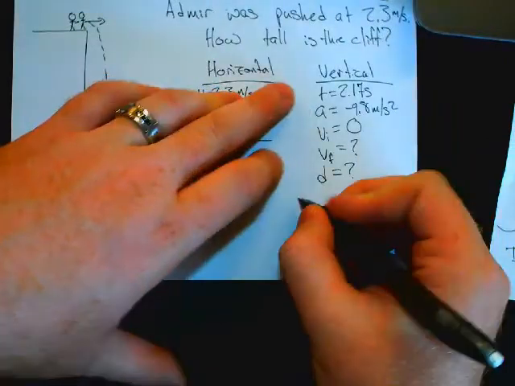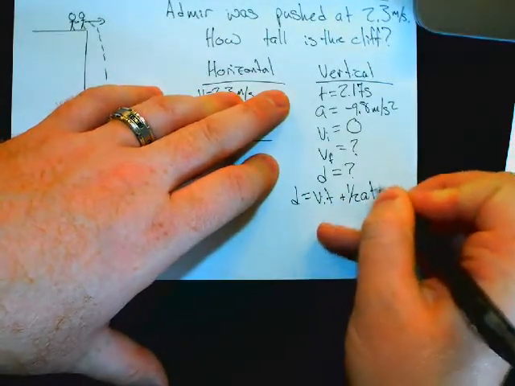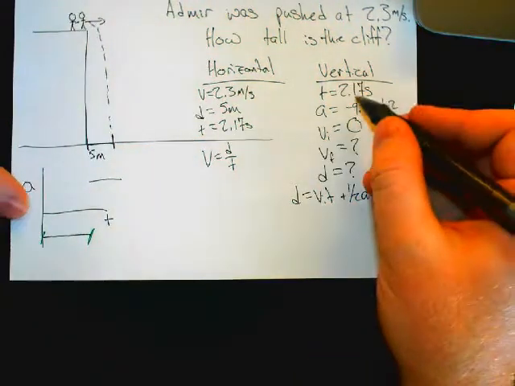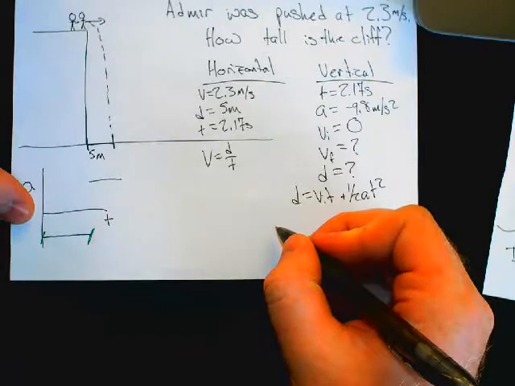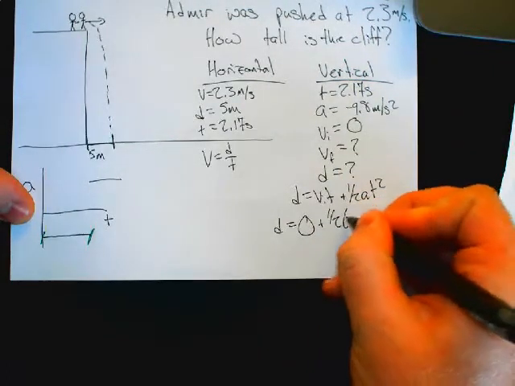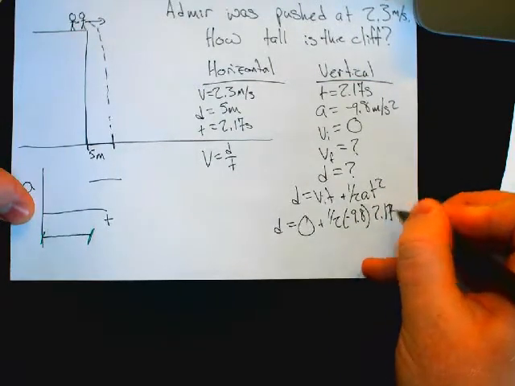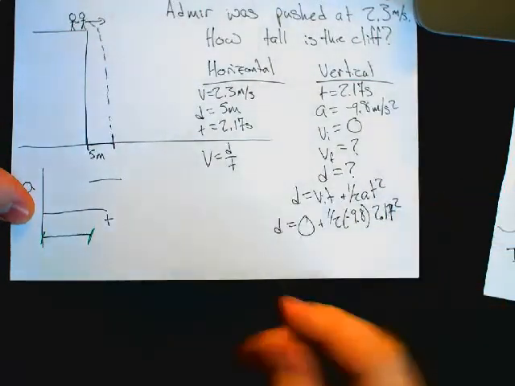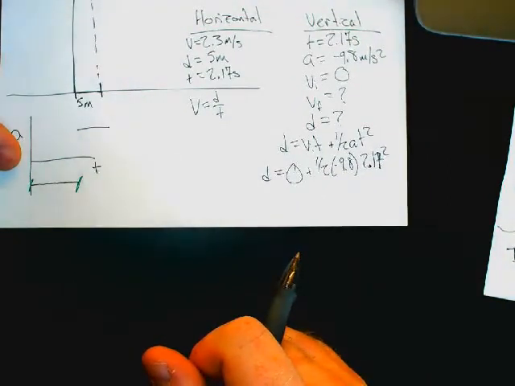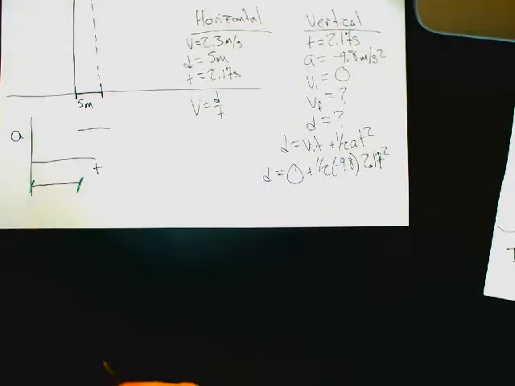All right, this looks like d equals v_i t plus 1/2 a t squared to me. Yeah? All right. So d is equal to 0 plus 1/2 times negative 9.8 times 2.17 squared. And what did you guys get for the height of the cliff?